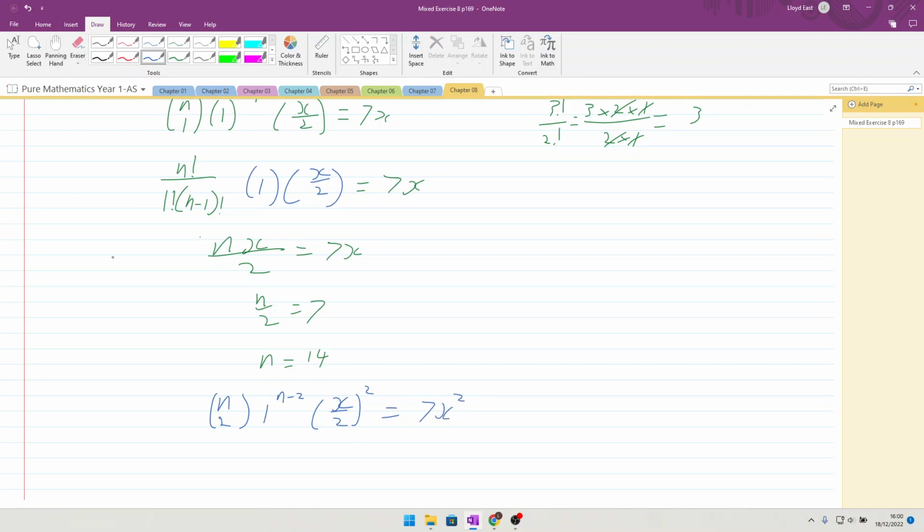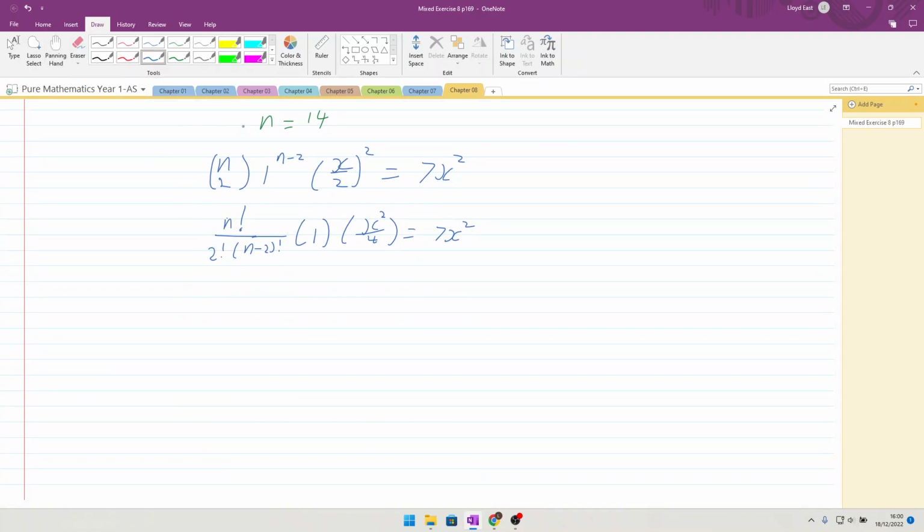So bringing that in now, we end up with n factorial over 2 factorial (n minus 2) factorial times 1 times x squared over 4 is equal to 7x squared.